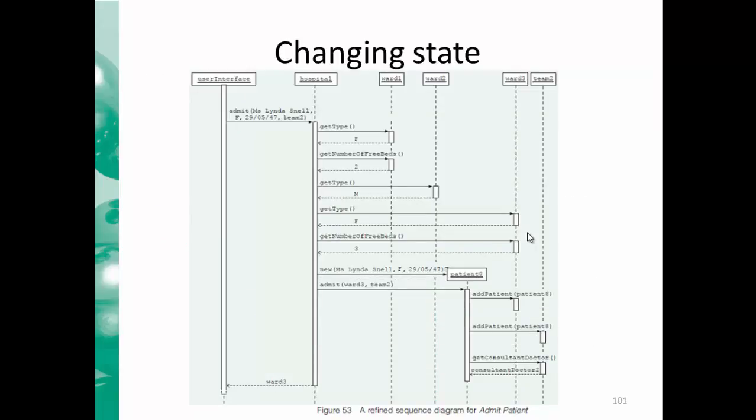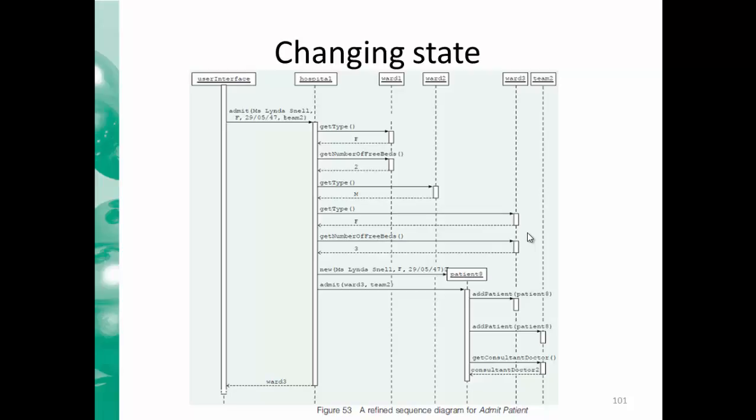Here is the complete sequence diagram for the admit patient use case, where we take the information about the patient, find the right ward for that patient, and when the right ward is found, we will create the patient using the new keyword in Java. Then we will admit it, deciding where to admit it, because in the previous stages we decided which ward is suitable for this patient.